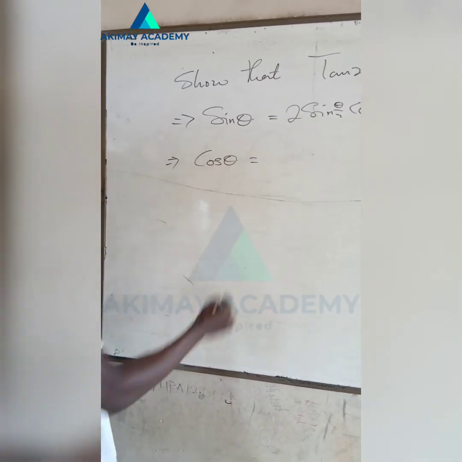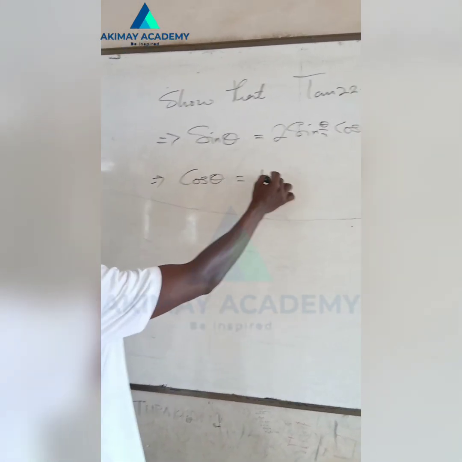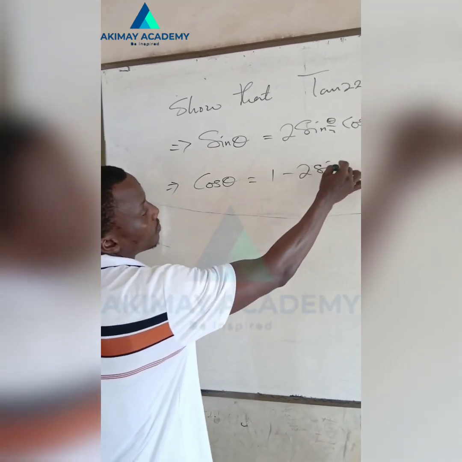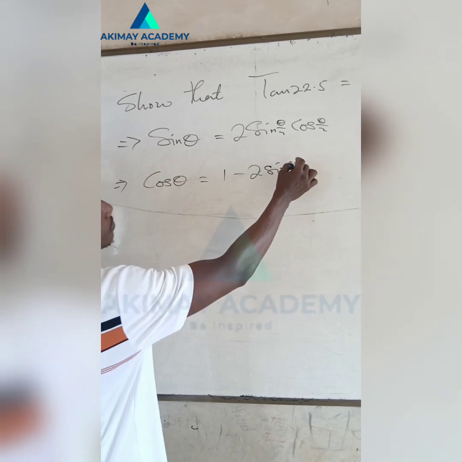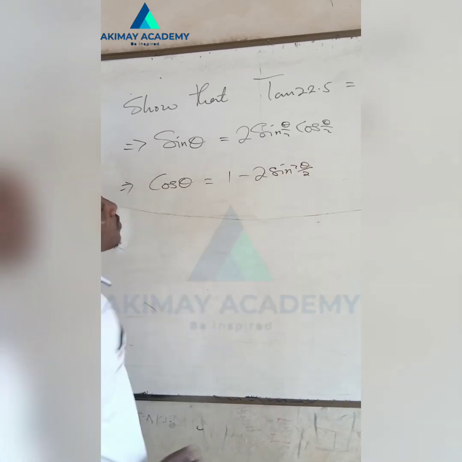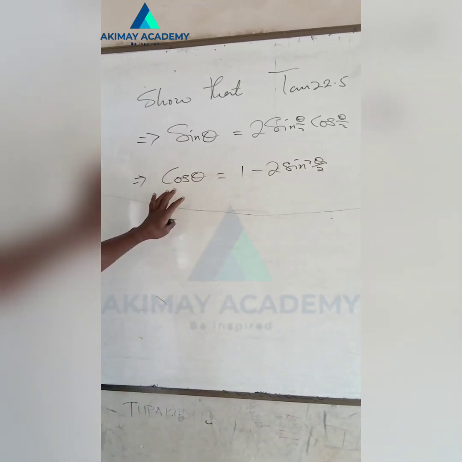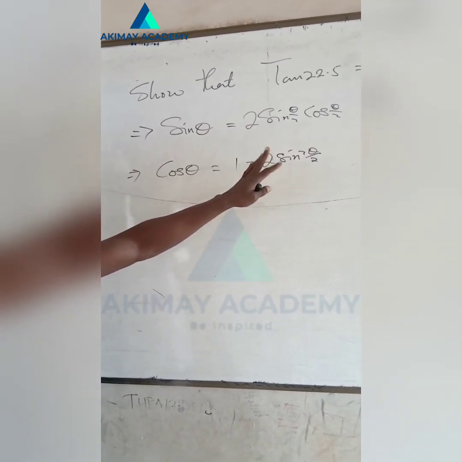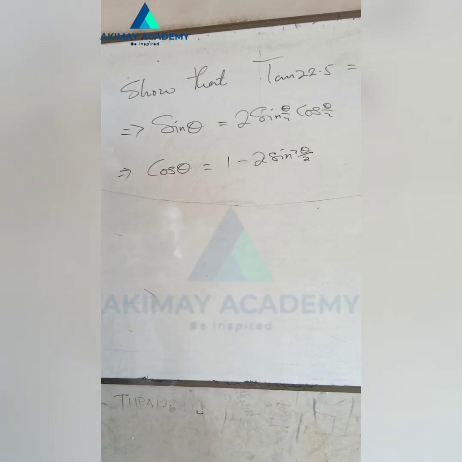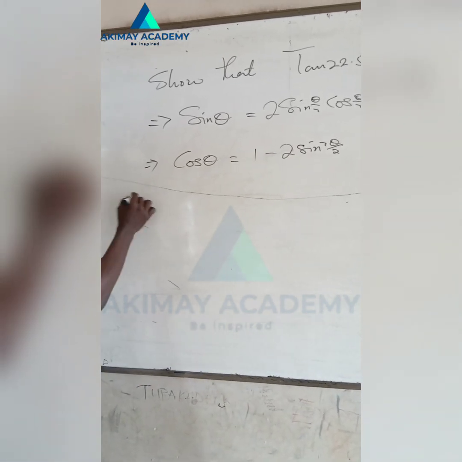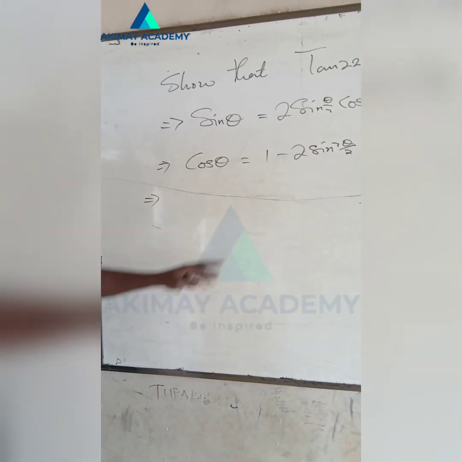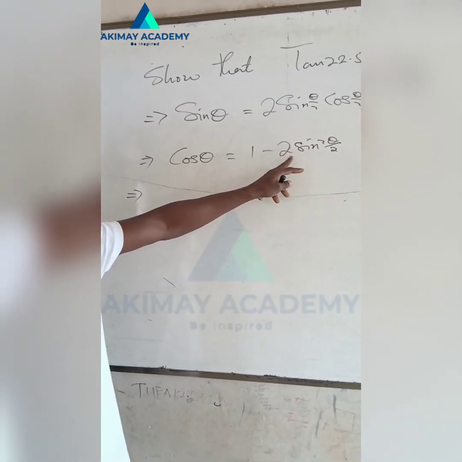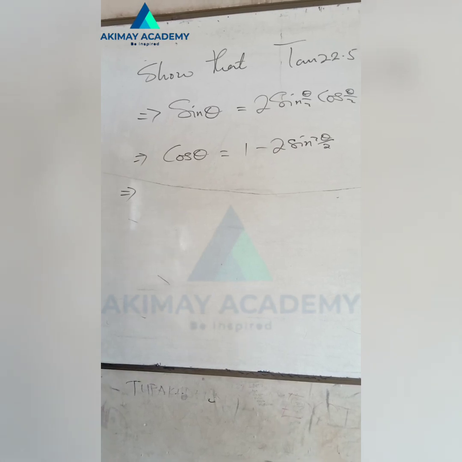Also we know that cos theta equals 1 minus 2 sine square theta on 2, from our half angles. I hope you do remember. So in this case, what we are going to do is, let's try and make 2 sine square theta on 2 the subject.